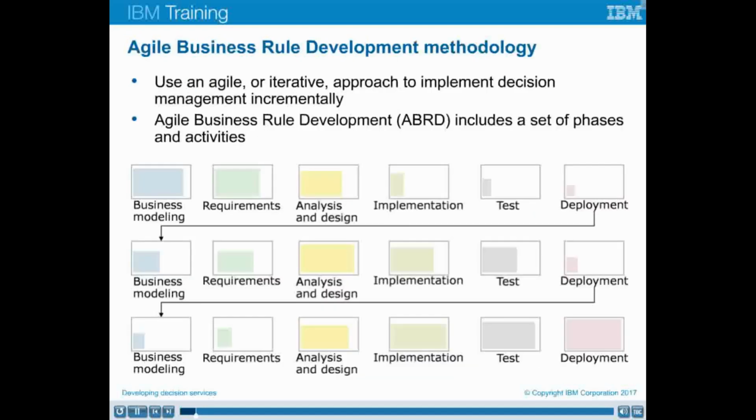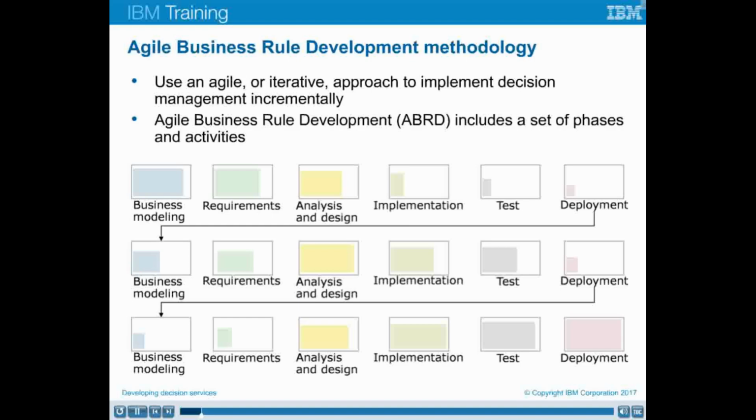The overall implementation of decision management should follow an agile and iterative approach that responds easily to change. The Agile Business Rule Development Methodology, or ABRD, includes a sequence of phases. Each phase includes iterations on a set of activities.